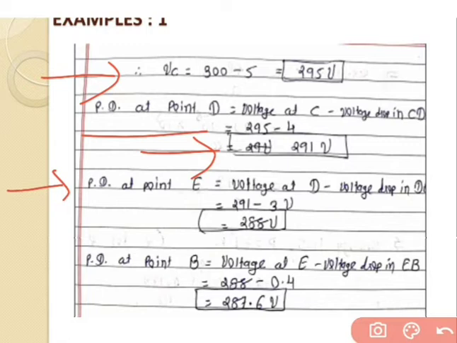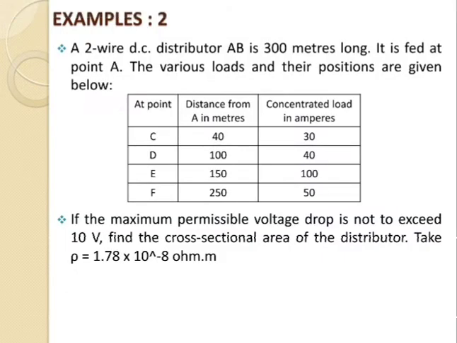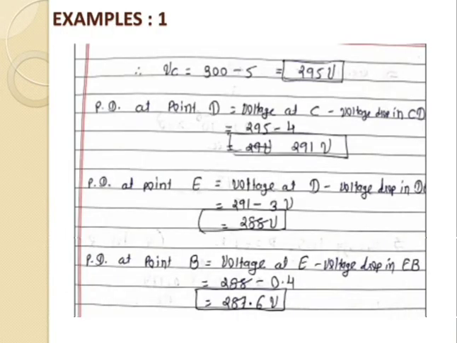And the last one is the potential difference at point B, with the equation voltage at E minus voltage drop in the EB section. So 288 minus 0.4 gives 287.6 volt. This is the completion of the example.